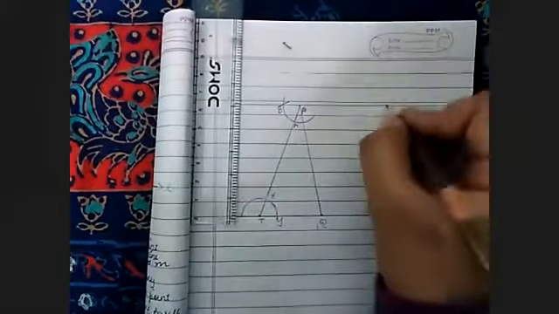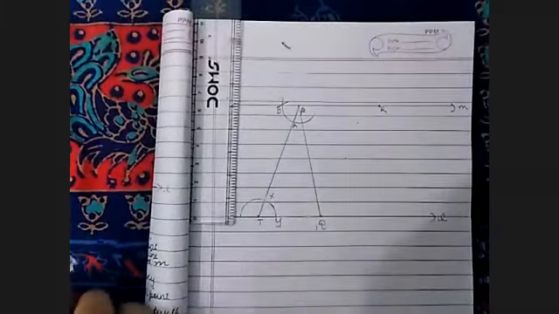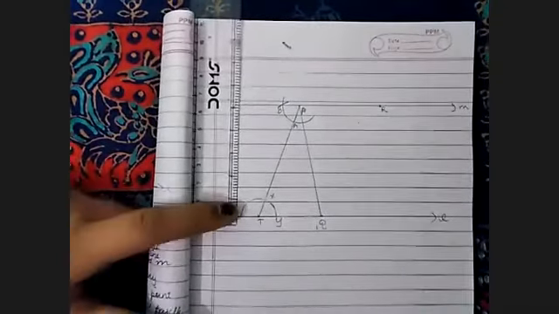Take another point R on M. Now here you have to draw a line parallel to PQ. So you will make corresponding angles equal.